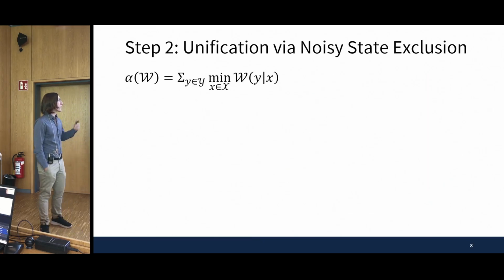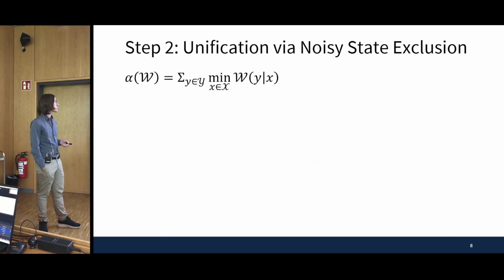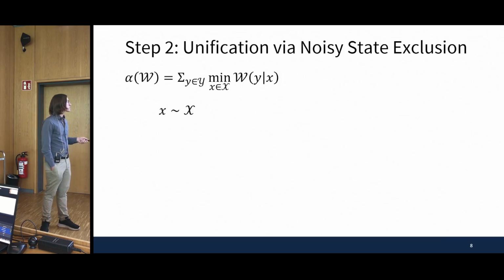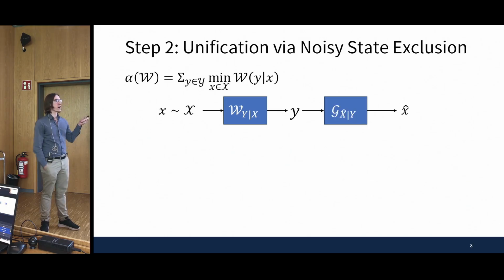Okay, so now if we have this unification in terms of optimization, we want it in terms of an operational idea. The operational idea we'll use is noisy state exclusion. So we go back to the Doeblin coefficient for a classical channel, which is summing over outputs and then looking at the least probable input. We can think of this as: imagine I draw uniformly randomly from the input space, I run it through the channel I'm interested in, and then I ask someone to guess a value x hat, and I say you win as long as x hat isn't what I actually put into the channel.